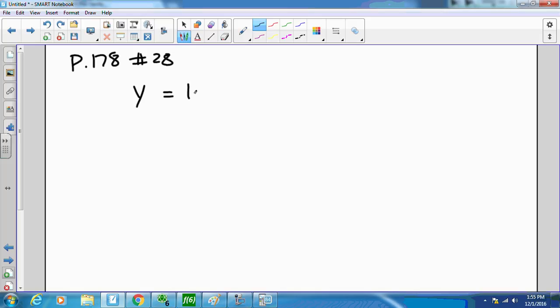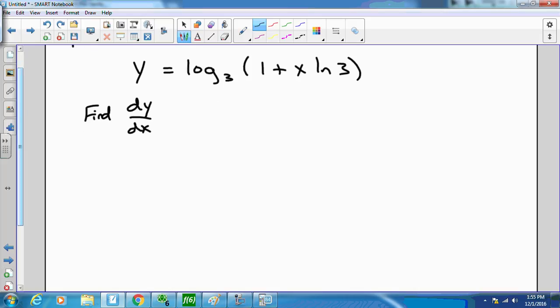No, before that, let's do number 26, so we can see some important things going on. What we have in number 26 is y equals log base 3 of 1 plus x ln 3. And they now want us to find dy/dx.